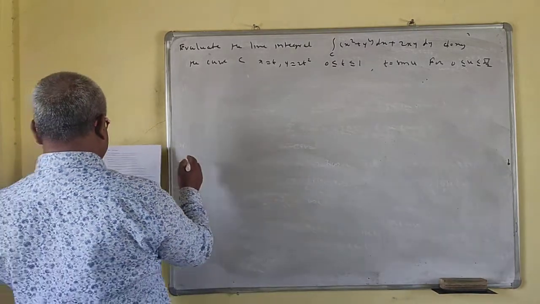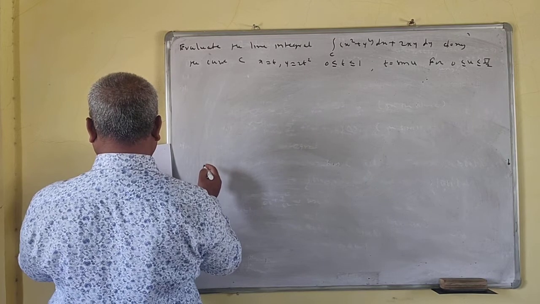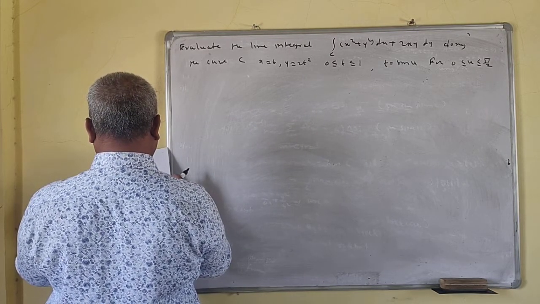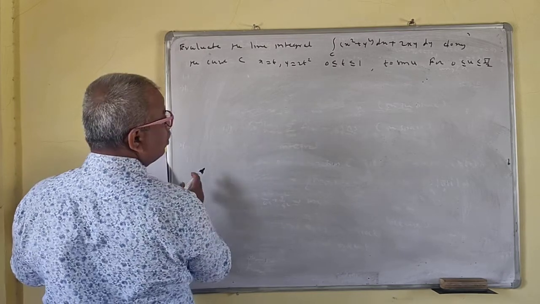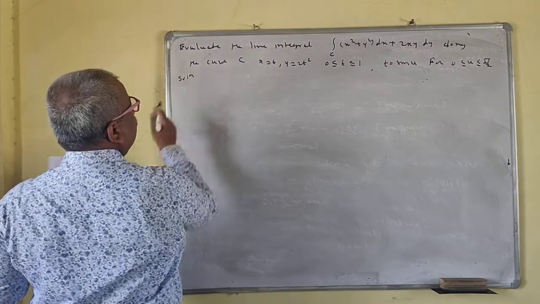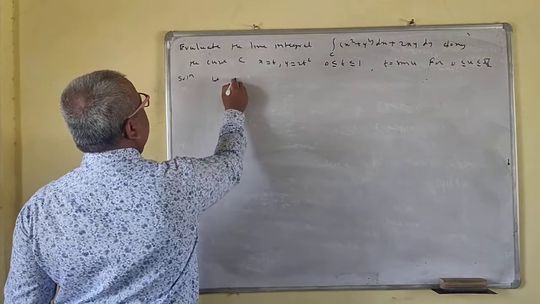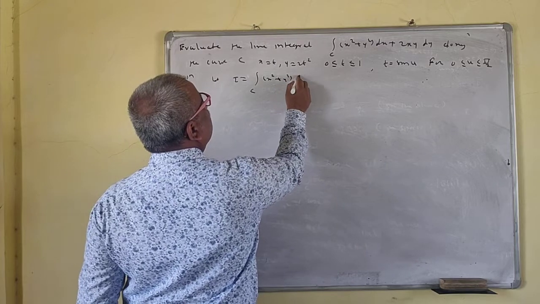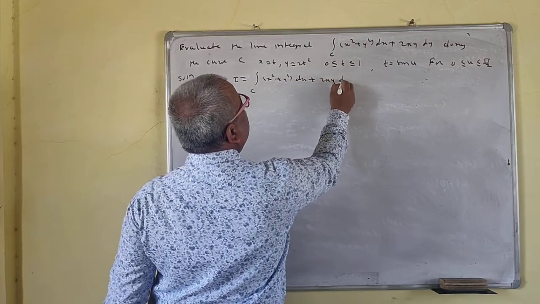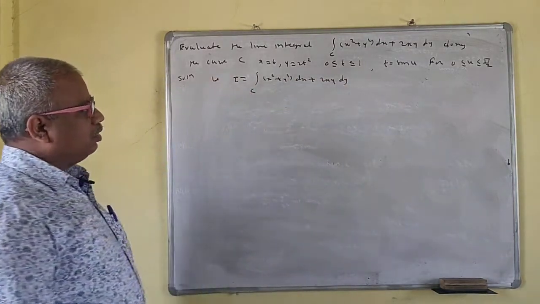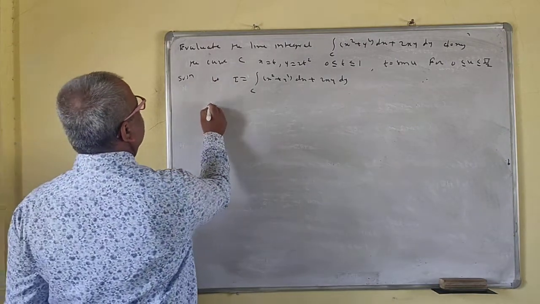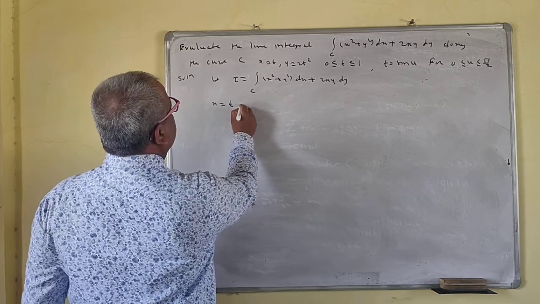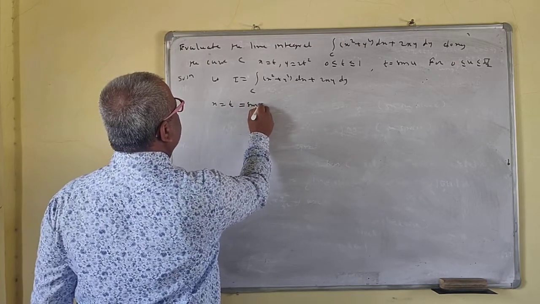Okay, solution. Let I be equal to the integral of (x square plus y square) dx plus twice xy dy. So x is equal to t, and t is sin u.